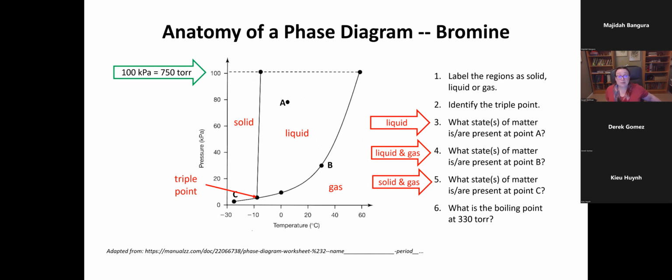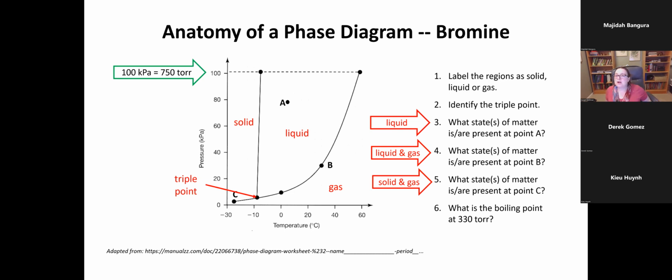We have a little bit of a problem, don't we? When we look at our scale on the pressure units, that's not in torr. All those units and those numbers there are all for kilopascals. Right? That's a funny little unit of pressure that we haven't seen in a really long time.